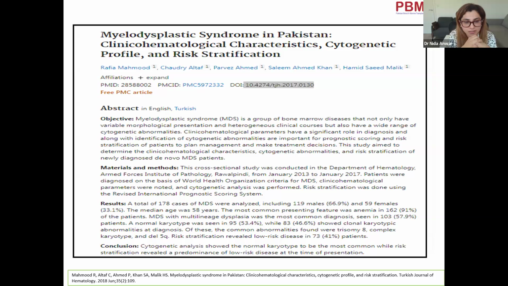However, they also found a younger median age of 58 years, and the most common presentation, as I mentioned, is anemia, and the most common category in MDS is RCMD. The most common cytogenetic abnormalities are complex karyotype, trisomy 8 and deletion 5.